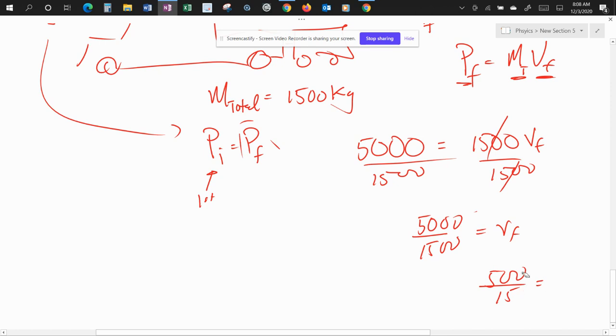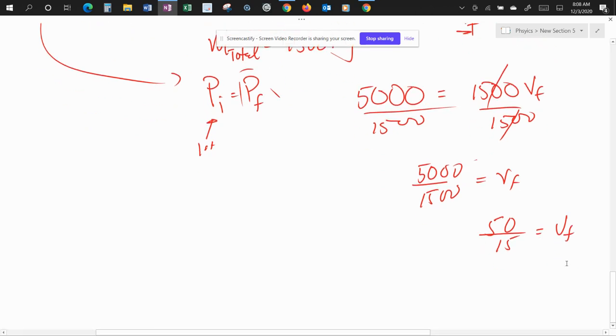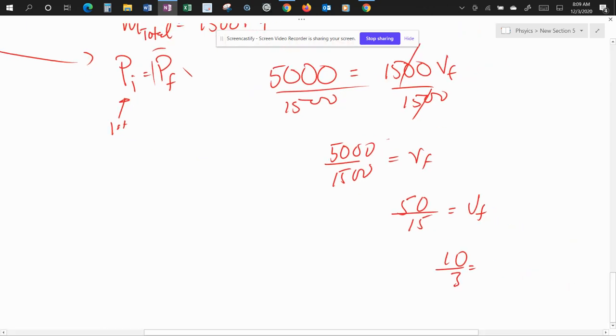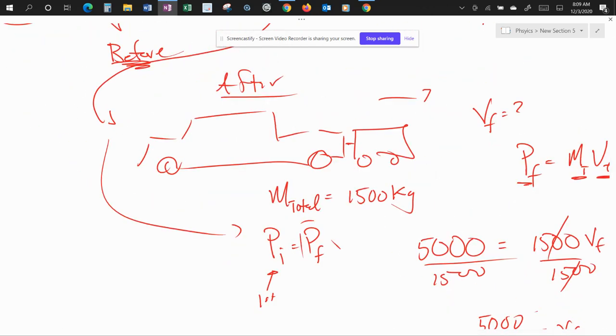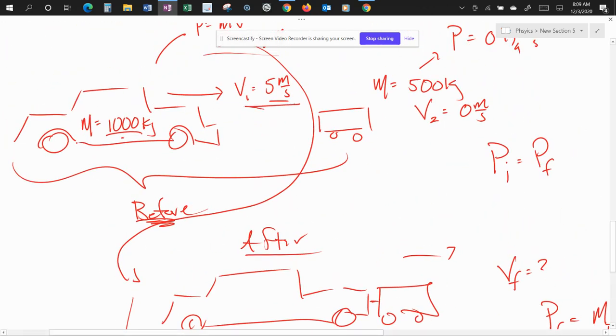Actually, you can do 50 divided by 15 equals VF. If I divide both sides by 5, I end up with 10 over 3. And then 10 divided by 3 is 3.33 meters per second, roughly. If this is my final velocity, that makes sense because my initial velocity was 5.